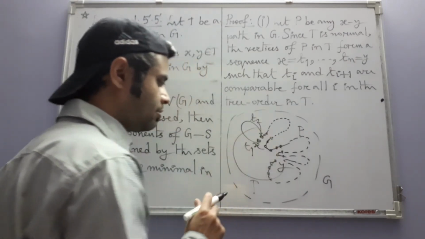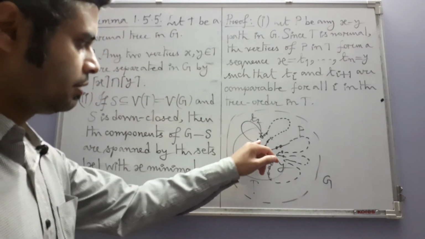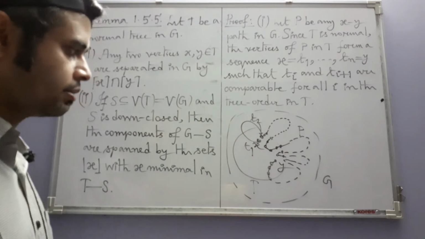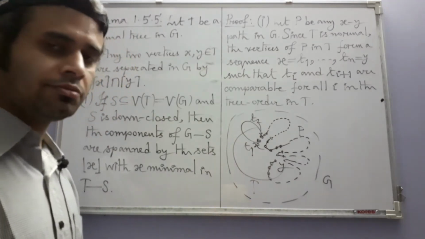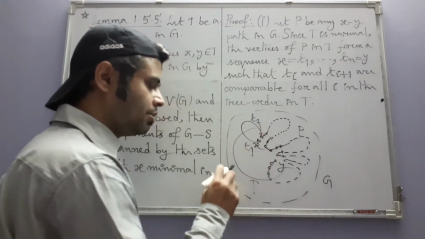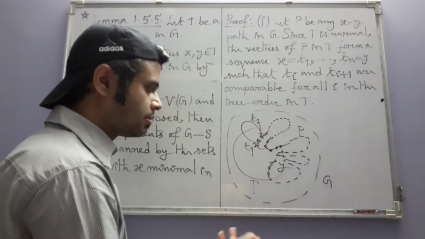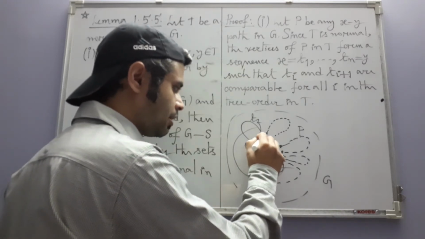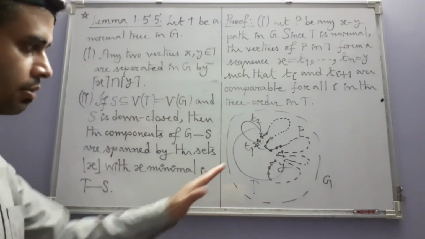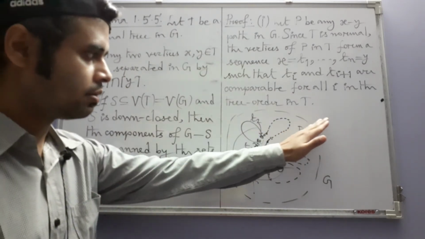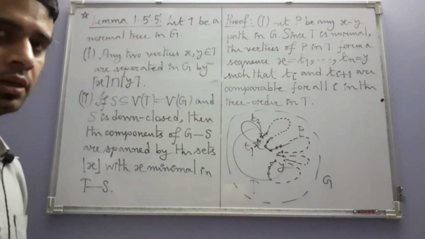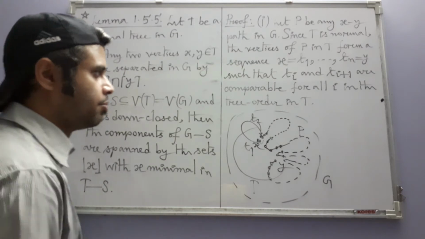You can say, okay, then if we don't consider that outside edge, how are these two vertices linked? Because the tree T by definition is a connected graph, so these two must be the ends of some path in T. Yes, there may be some other path in T joining them, but that path we haven't considered to be a part of P. We have considered P like this, say. That can also happen.